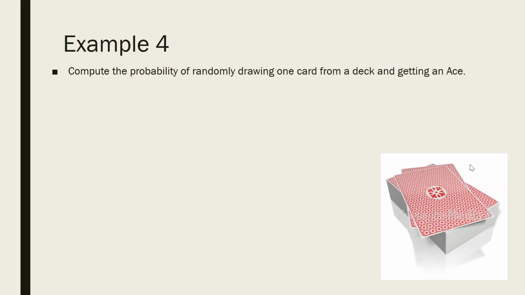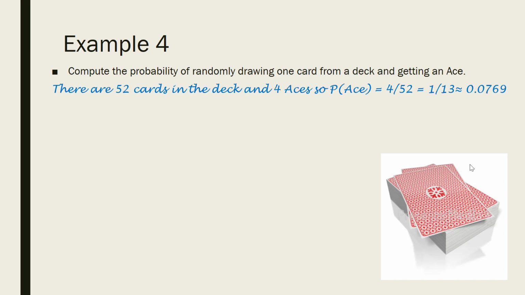So here's our example 4. It says, compute the probability of randomly drawing one card from a deck and getting an ace. Well, since we know that there are 52 cards in the deck and there are 4 aces, we could calculate the probability of getting an ace as being 4 out of 52.